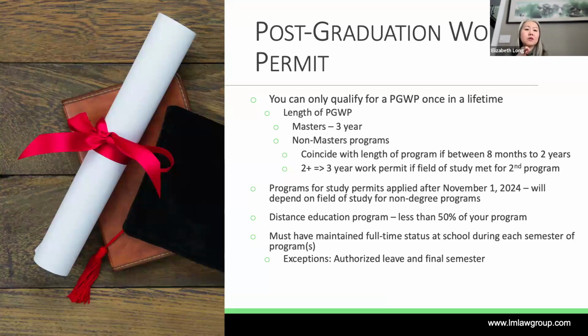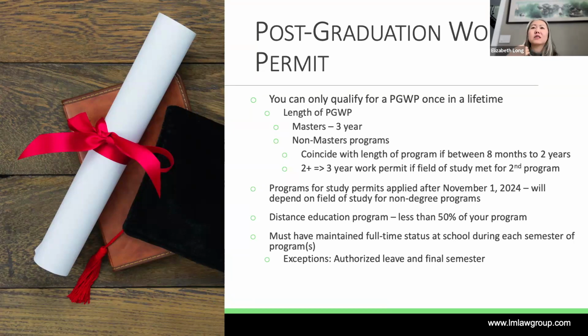Sometimes I have students come to me and they say, Elizabeth, this semester is really hard for me. I'm maybe experiencing some health challenges, or there might be some courses that are really difficult, and I'm probably going to fail these courses. I'm going to drop these courses so that it doesn't show up on my transcript. Well, you have to be very careful if you're going to do that, because if you drop some courses and you go down to part-time student status, guess what?